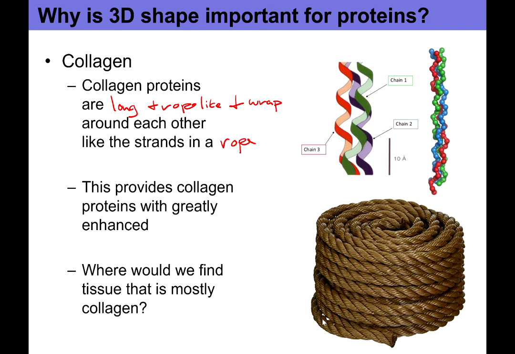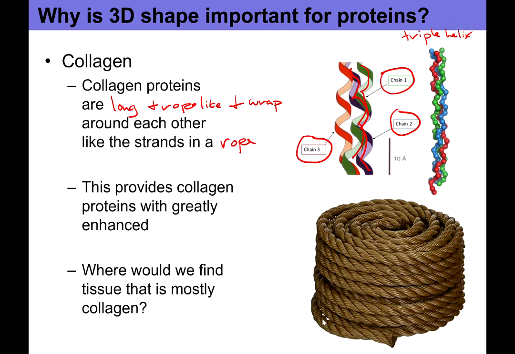Here we can see, schematically, three different collagen chains: one in green, one in purple, one in red. They're spiral shaped, so they're helical, as you can see here. And these spirals wrap around each other into what we call a triple helix. So this is a triple helix.